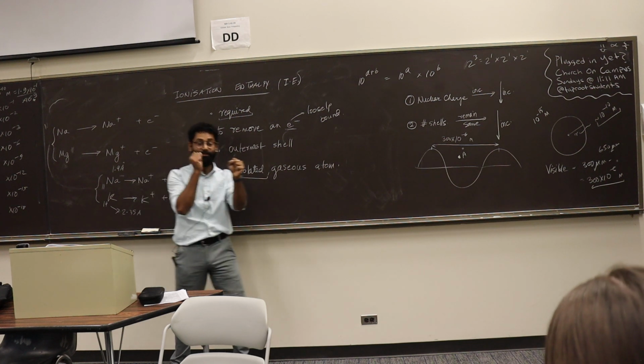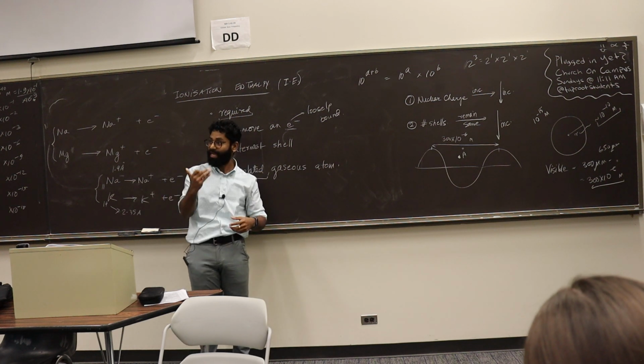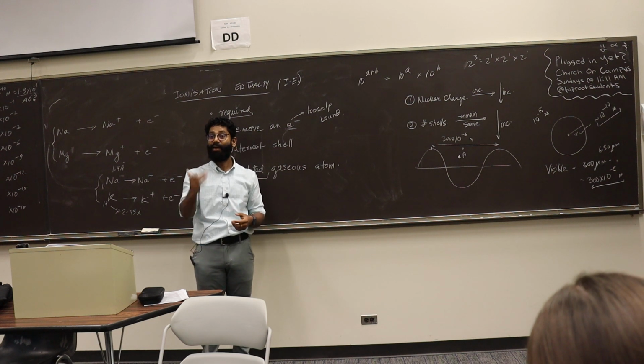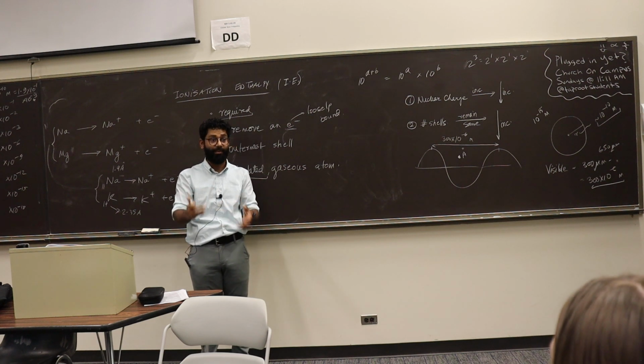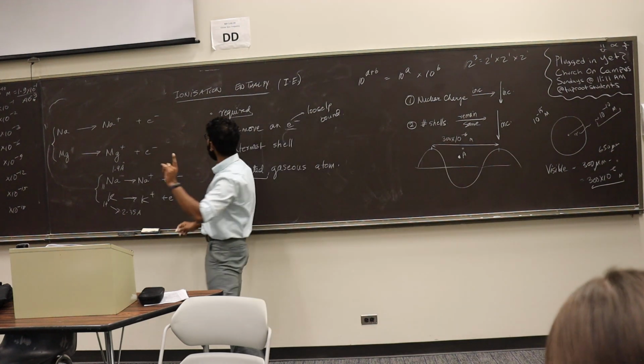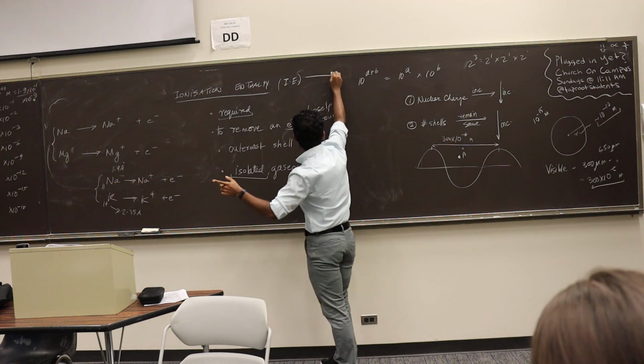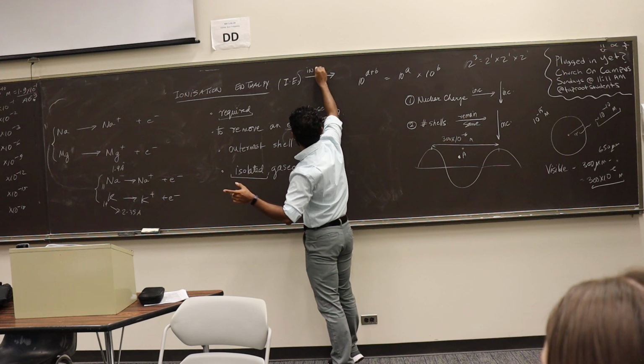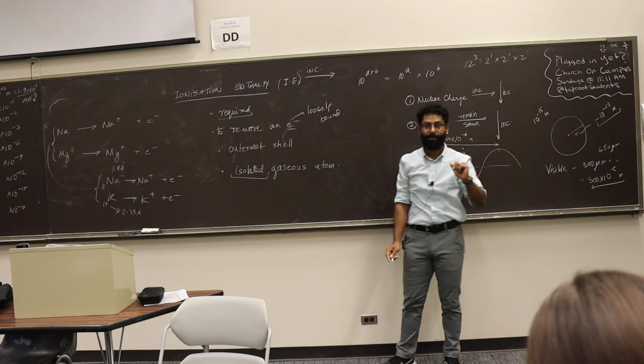It is getting more difficult for me to take out the electron, and that is why the ionization enthalpy increases, because you need more energy to pull that electron out. So ionization enthalpy should increase from left to right.